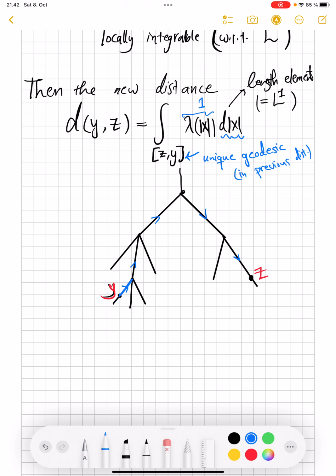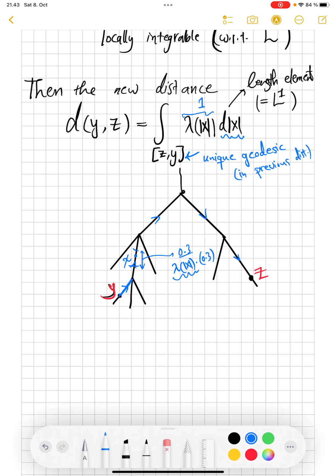But now, if you are somewhere along this path at x, from here to here, for example, this segment, if it originally would be, say, 0.3 centimeters, in the version of the distance where the whole edge is a copy of 0, 1, now this will be comparable to lambda evaluated at the absolute value of x, times this. And depending on this lambda, this can be much shorter.